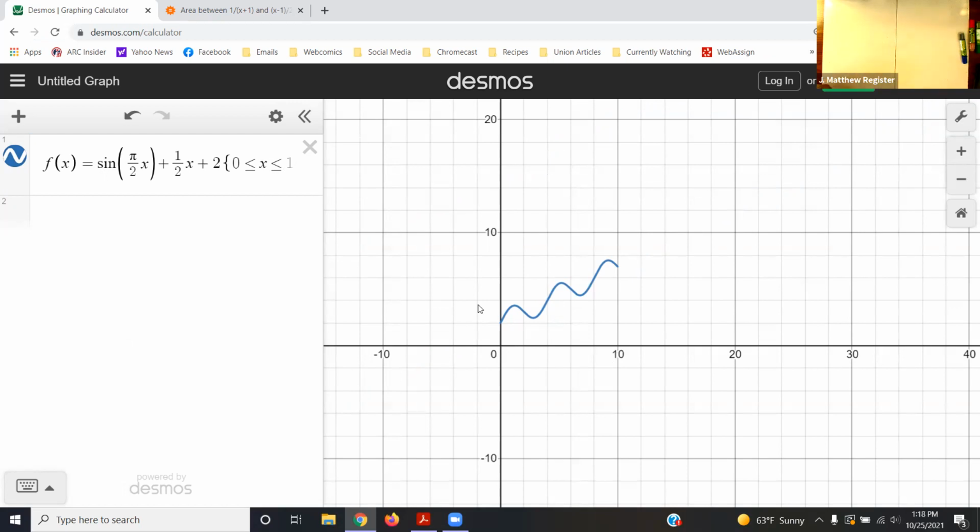I will write down the problem so that we can practice it. Find the volume of the object formed by rotating the function f of x equals sine of pi over 2 x plus 1/2 x plus 2 about the x-axis on the interval 0, 10.